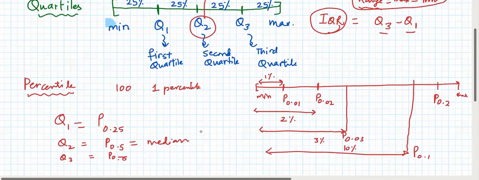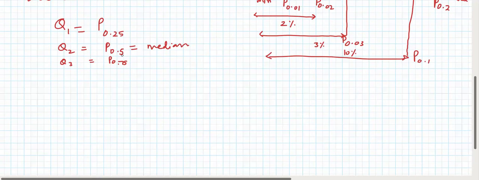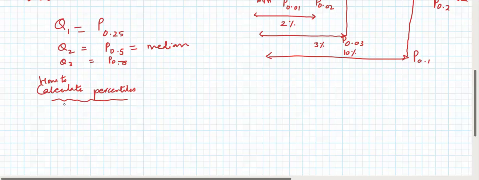Now, how do we calculate percentiles? You arrange the observations. Suppose you have n observations.